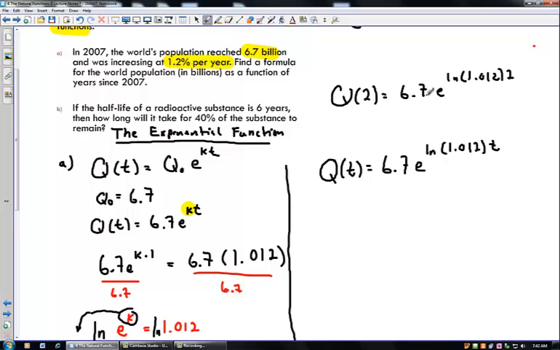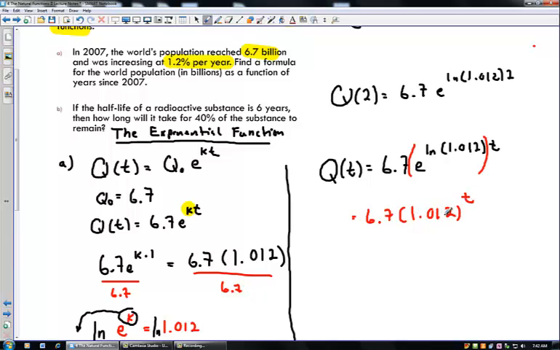Second idea. This can actually be rewritten because you know e to the ln of anything is the anything. So if you think about this, it's important to notice that you can actually just think of this as an entity in itself. E to the ln of the anything is the anything. So you could rewrite this as being equal to 6.7 times 1.012, and then there's still a t in the exponent.